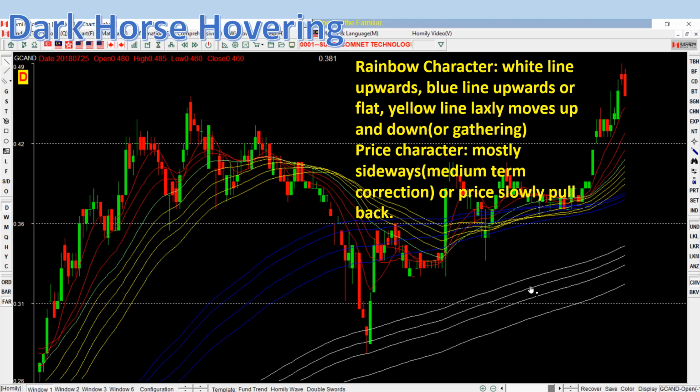The price character is mostly sideways. Medium-term correction. So we should know correction can also be called sideways. Medium-term correction, sideways can also be the correction. The price slowly pulls back.